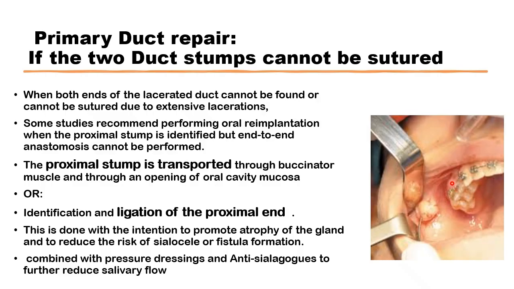But if there isn't, then the other option would be ligation of the proximal end, and this would lead to spontaneous atrophy of the residual parotid tissue and prevent the formation of a sialocele or a parotid fistula.